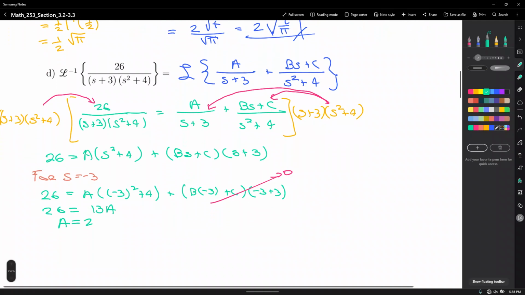Okay, so usually we can keep using smart numbers when all of these factors in the denominators are linear. However, we have an irreducible quadratic, and if we think about it, there's no other way to get the other constants b or c. So this is what we're gonna do. Okay, guys, I'm gonna choose any number.